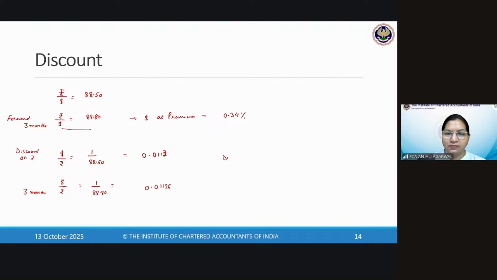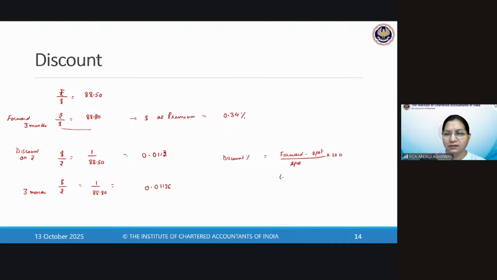Calculate the discount percentage using the same formula: forward minus spot, divided by spot, into 100.